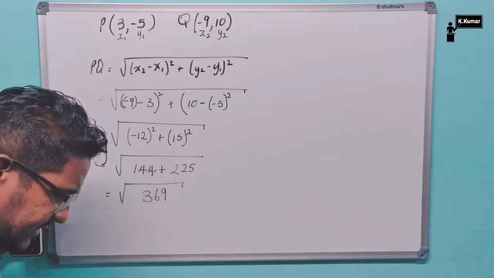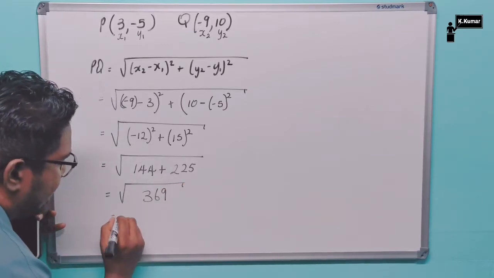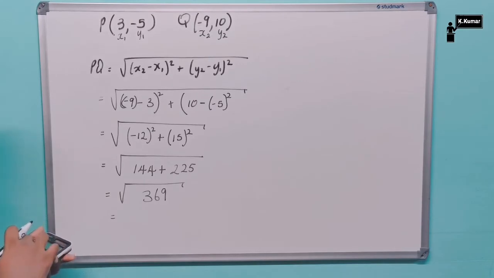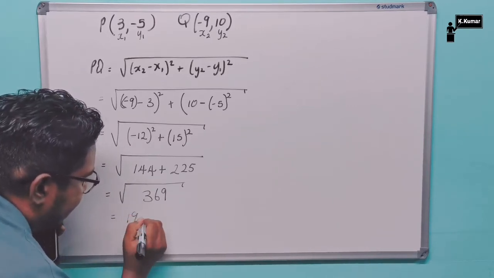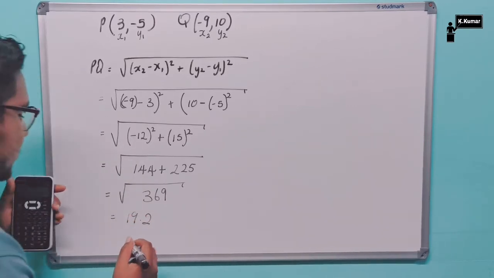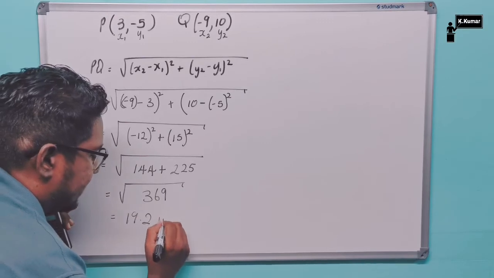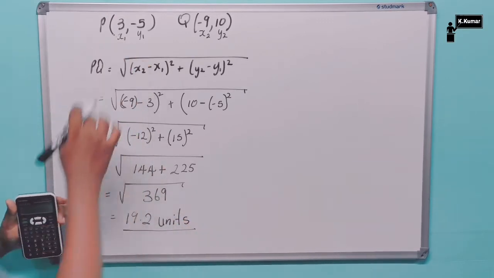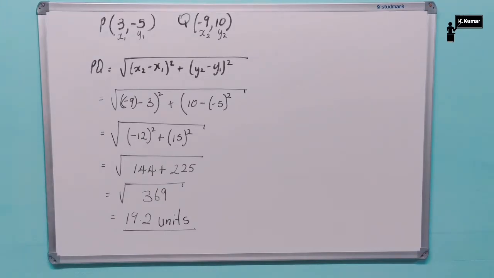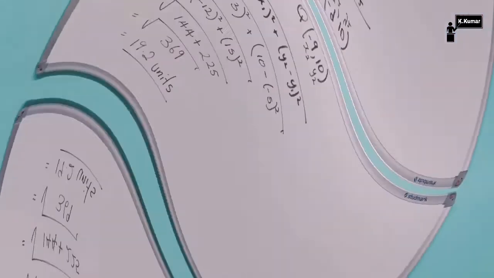So to find our answer, it would be the square root of 369. The square root of 369 is going to give me 19.2 units. And this is the length of the line PQ with points (3, -5) and (-9, 10).